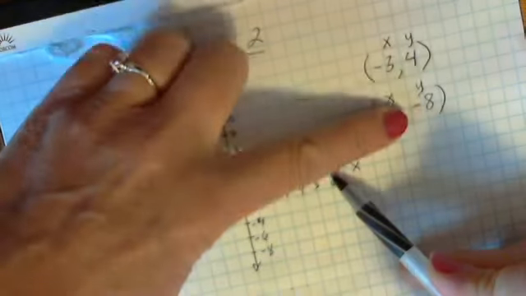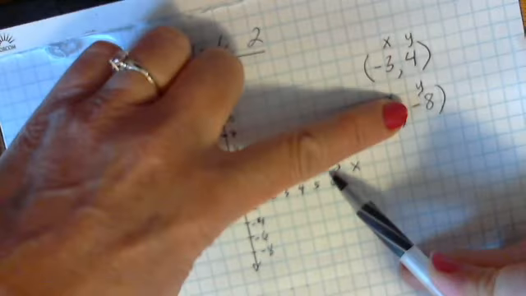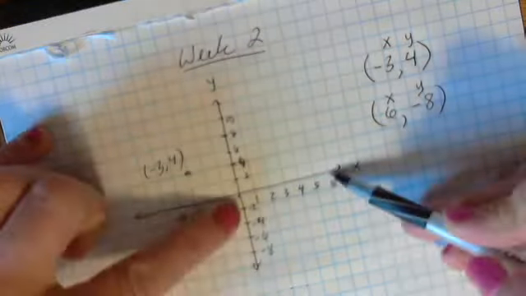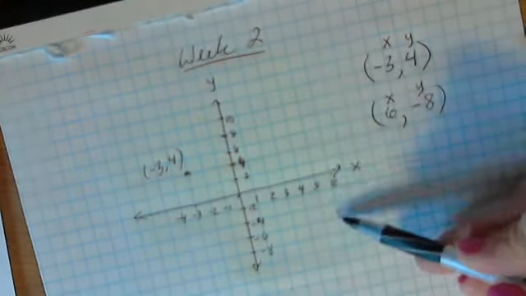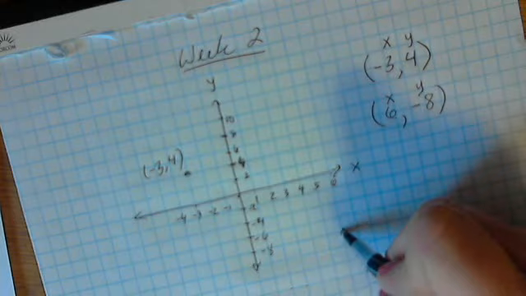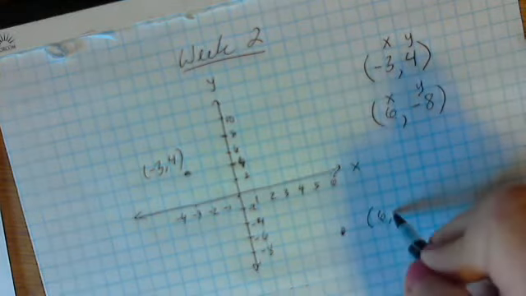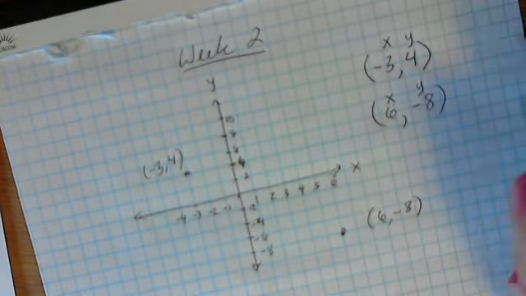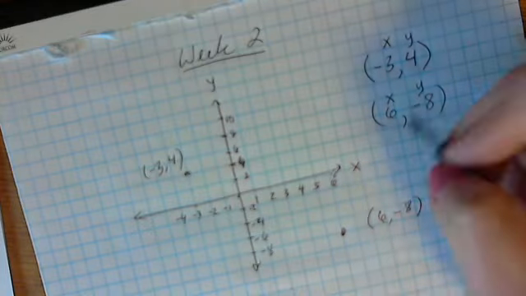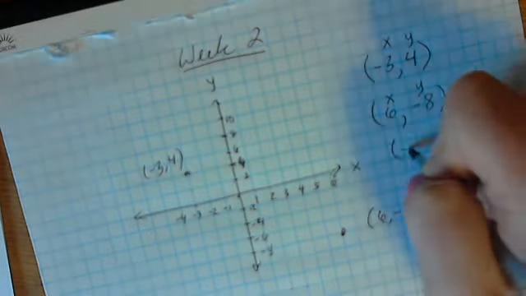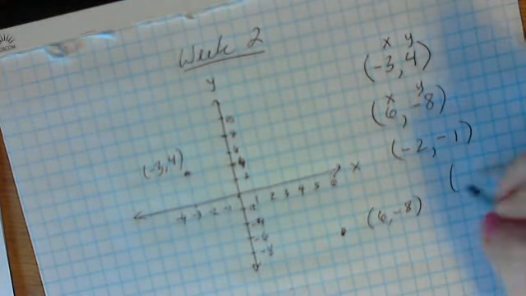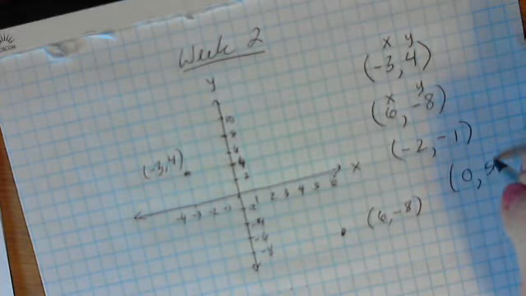And then I want to travel along the y-axis to -8. That's going to be below 0, 0. So I'm traveling down 2, 4, 6, 8. And this is the point 6, -8. Go ahead and plot these 2 points, and we'll come back and check and see how you do with them. Plot -2, -1, and plot 0, 5.